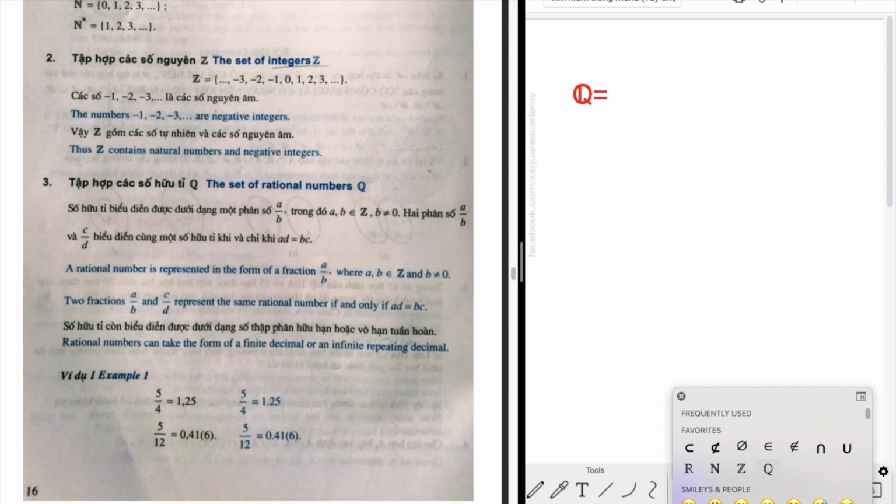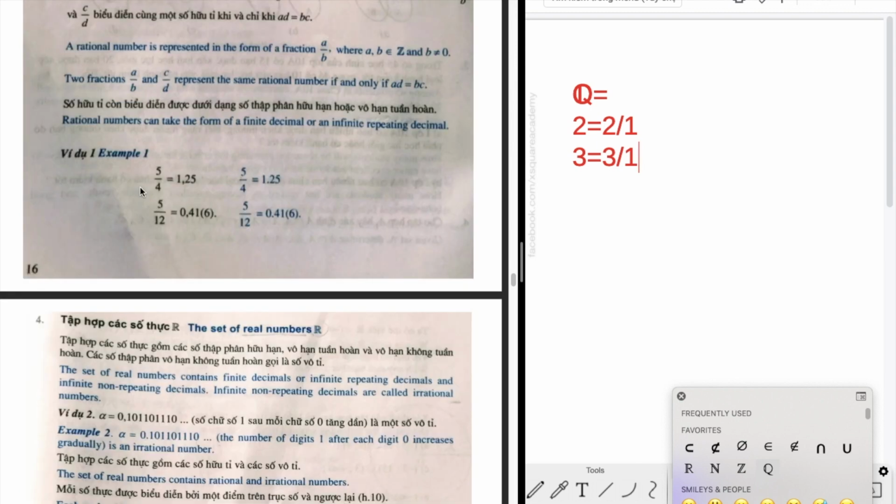For example, integer 2 equals 2 over 1, or integer 3 equals 3 over 1. It follows that the set of rational numbers is bigger than the set of integers, and a rational number can take the form of a finite decimal or an infinite repeating decimal.